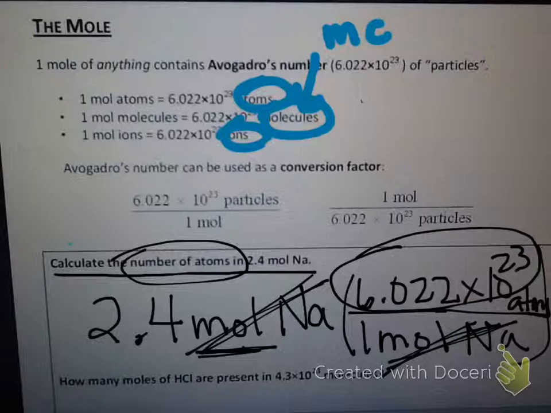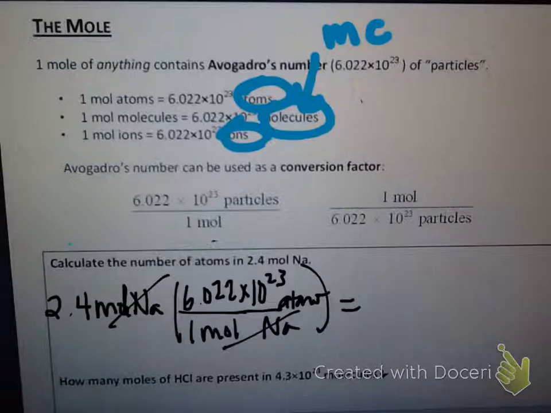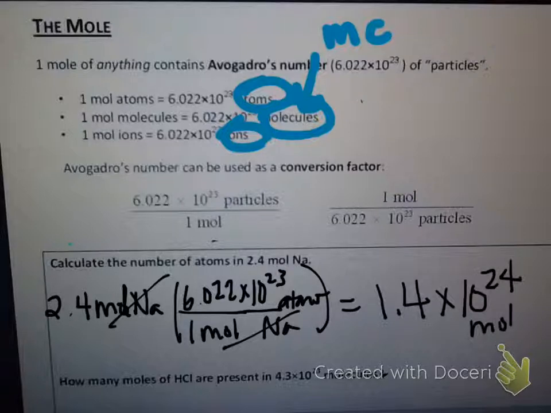That's Avogadro's number. So now I just need to solve the problem. I've converted to atoms. So I say 2.4 times 6.022 times 10 to the 23rd. Well, what is that? Alright, I rearranged it a little bit so I had more room this time. It equals 1.4 times 10 to the 24th atoms of sodium.